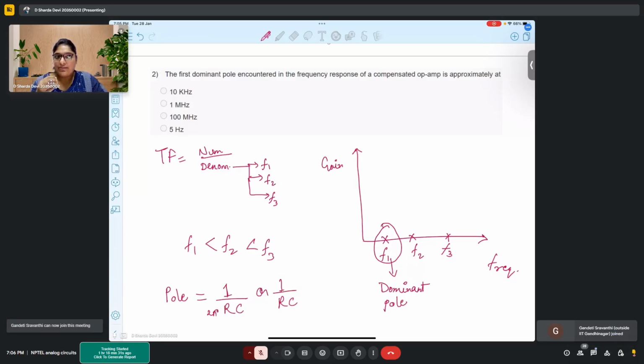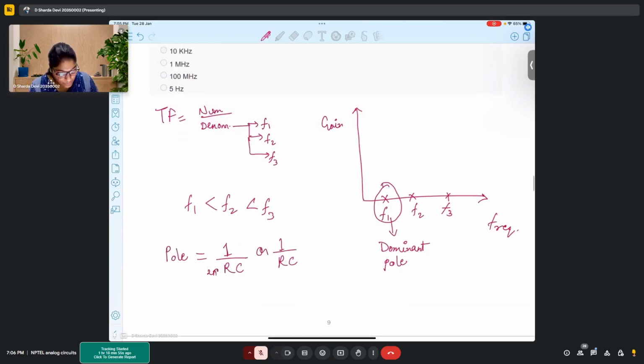But to be very brief, if I want to calculate the pole value at a particular node, I calculate the effective resistance and effective capacitance at that position. So the pole is 1 upon R effective, C effective, and that will give you a frequency value that corresponds to the pole. It depends on the R and C value at that particular node. Is this clear?